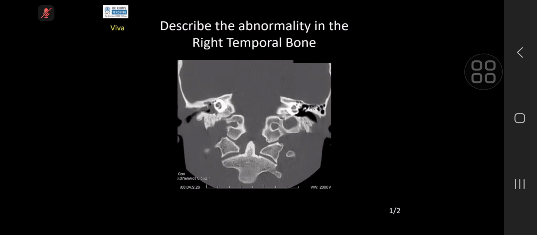The cochlea is sclerotic, but almost similar in density to the left side. So in summary, there is opacification of the middle ear with destruction of the ossicles and possibly erosion of the scutum and hyperostosis of the tegmen.